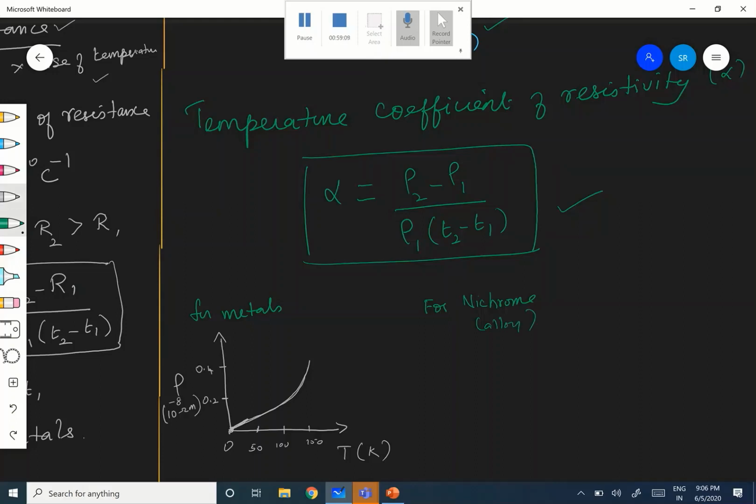So for that, if I draw this, see here, rho is in micro ohm centimeter. It is ohm meter, right? It is micro ohm centimeter. So T is in Kelvin.